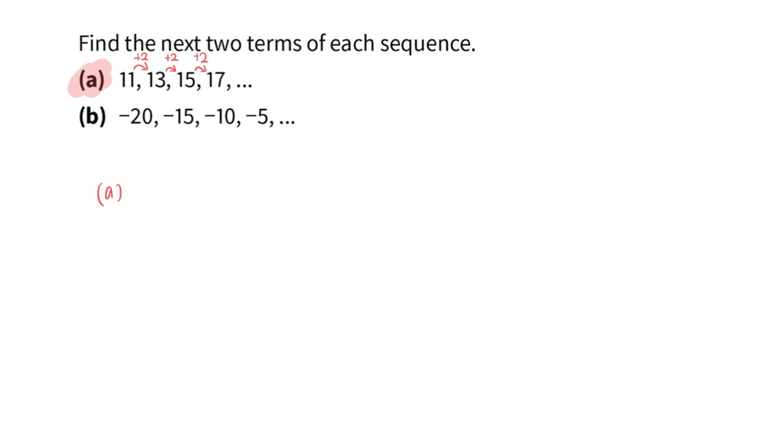The first 4 terms are given, the next 2 terms, so the 5th term, which is T5, will then be equal to 17. I'm going to add 2 to it.